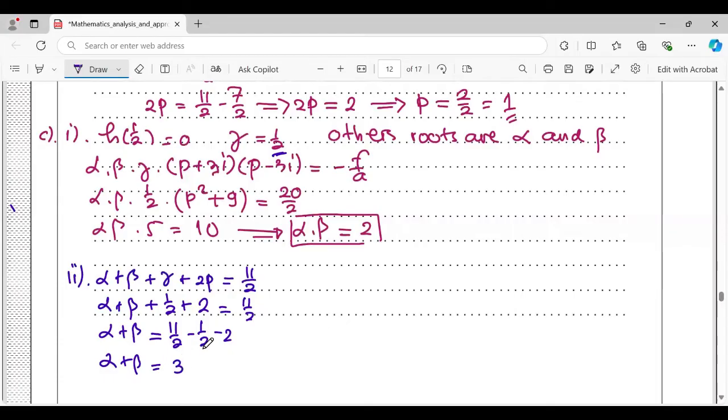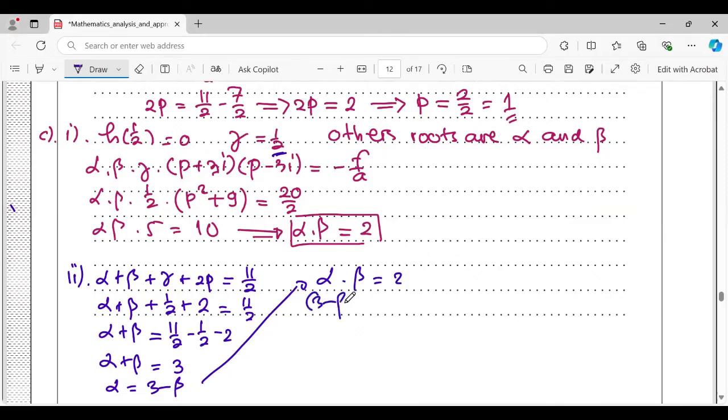Okay, alpha plus beta equals 3, or alpha equals 3 minus beta, right? According to the previous information, alpha times beta equals 2. So alpha is 3 minus beta.